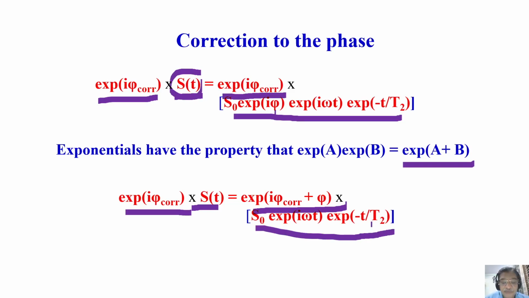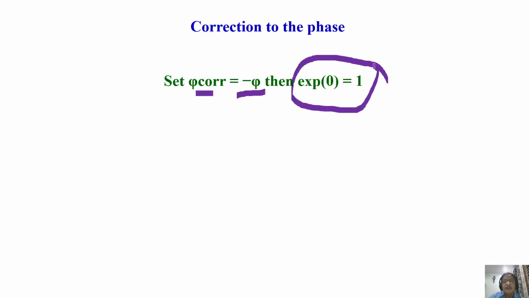Now what do I have to do? If my corrective function is exactly equal to minus phi, then this term goes to 0, and the exponential will be 1. So there won't be any phase error at all. That is a very important thing. If I set the phase correction to minus phi, then the exponential function will be 1, which means there won't be any phase error at all.